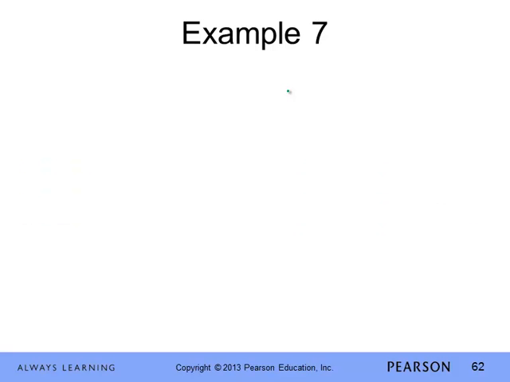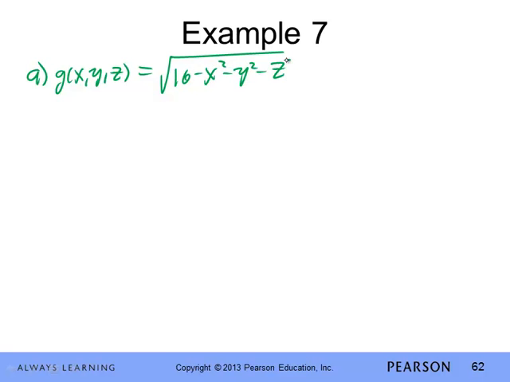So let's do a quick example of a higher order function, and we should be just about done. Example 7 here, we've got g of x, y, z, so a function of 3 variables. This happens to be the square root of 16 minus x squared minus y squared minus z squared.